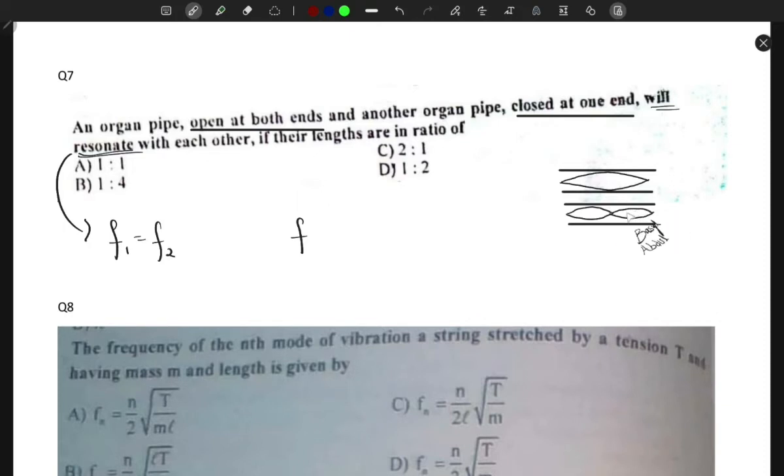Something like this. And for the pipe that is closed at one end, we have something like this. So it's closed at this end, and for the first one, I'll just have something that looks like this.